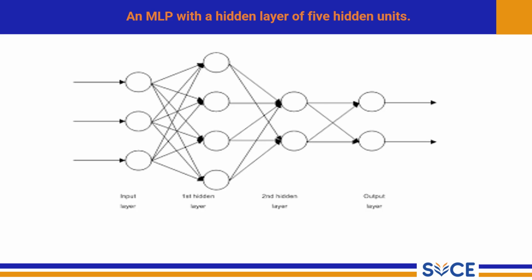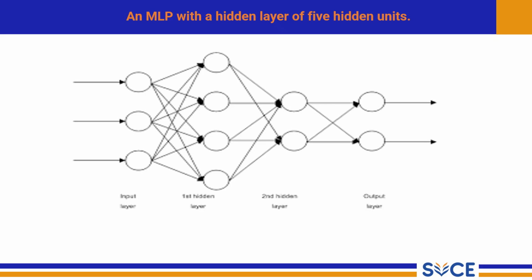Each neuron applies a weighted sum, adds a bias and passes the result through an activation function. The output layer produces the final prediction or classification represented by the nodes like O1, O2 and O3. This fully connected structure enables the network to learn non-linear relationships which are essential for modeling real-world data.